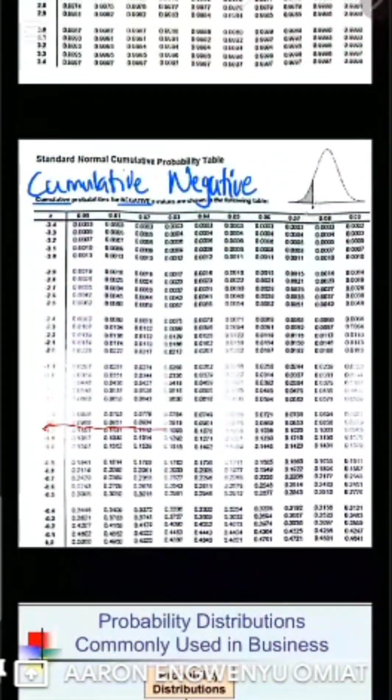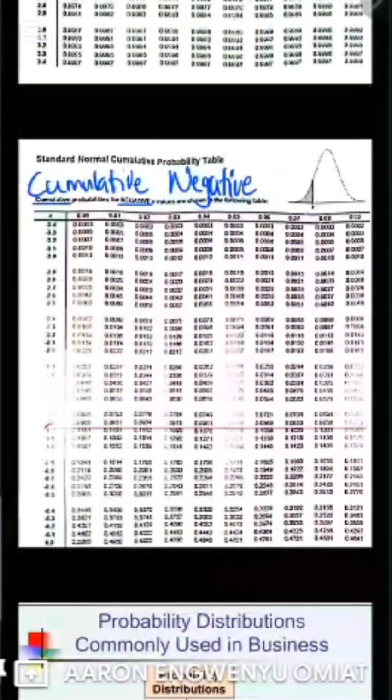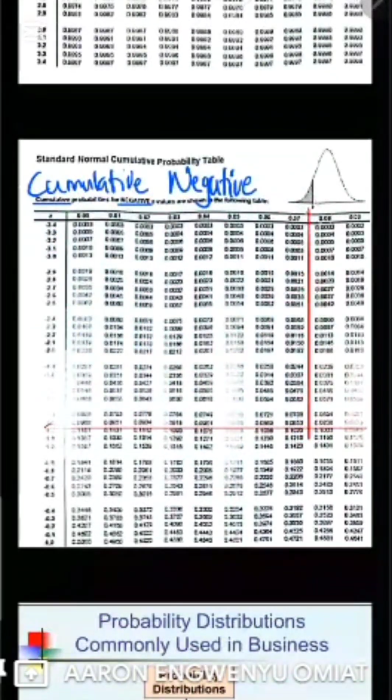It's not clear, but the one we get in the exam will be clear. Then 75 is here, so 1.375 lies between these two.